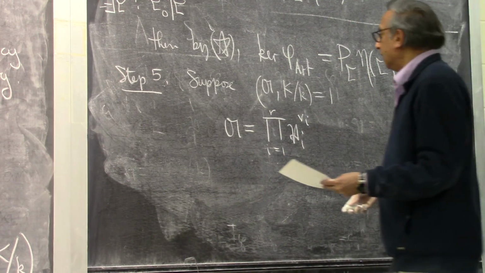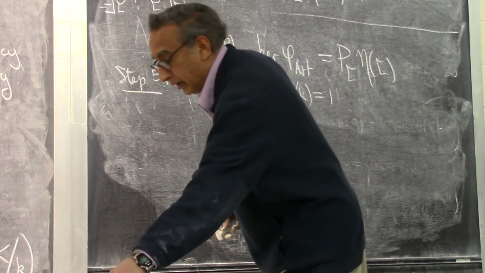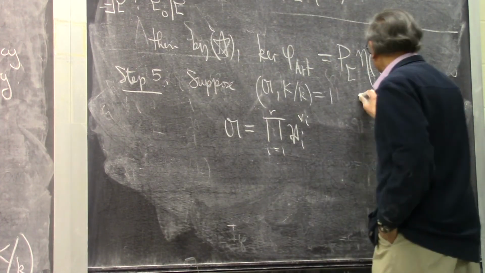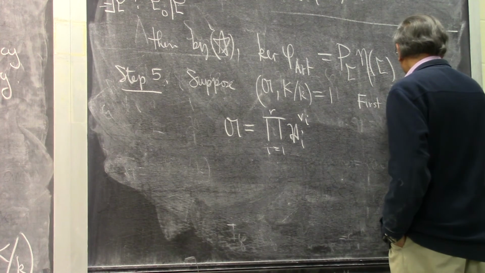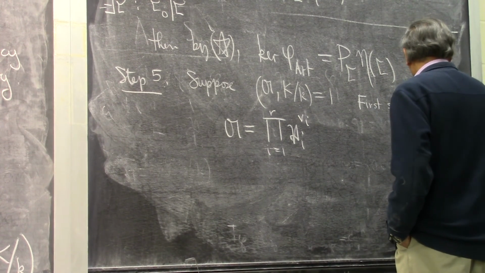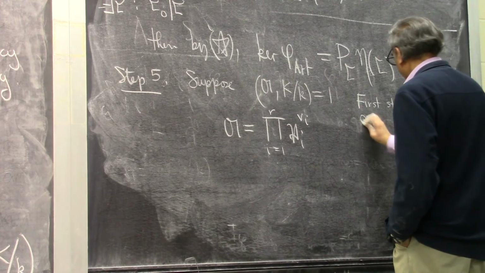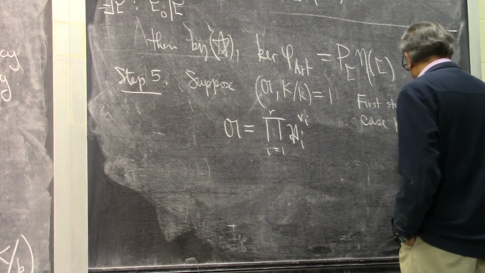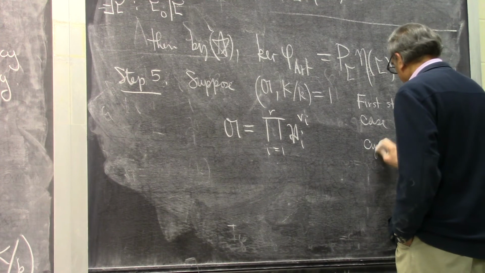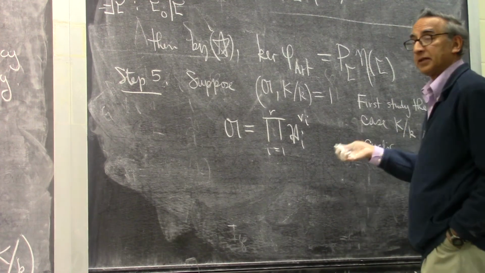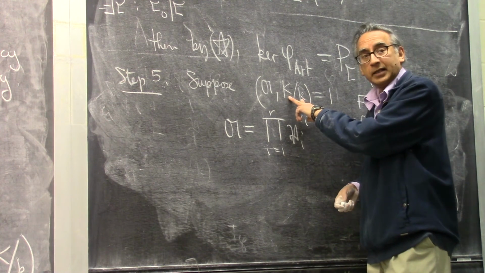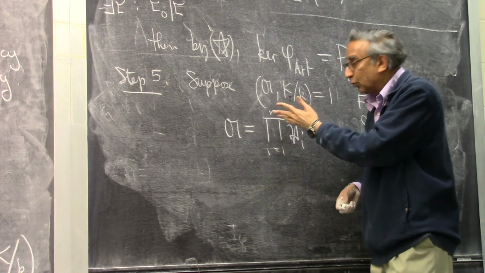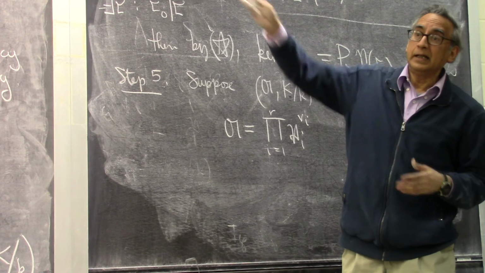And we want to first study the cyclic case. First study the case capital K over little k is cyclic. So you have this abelian extension, you have this Artin map surjective, you're trying to produce a cycle. So I'm going to start by assuming this capital K over little k is cyclic, and then prove that there exists a cycle C which works.